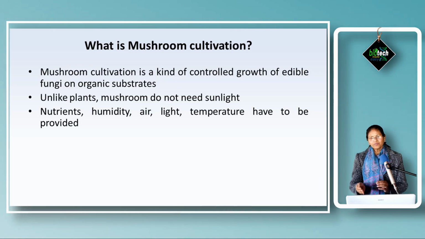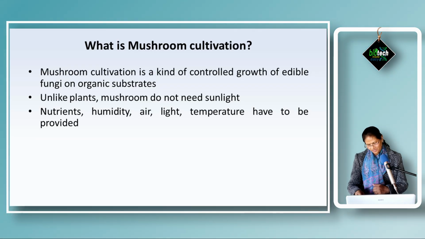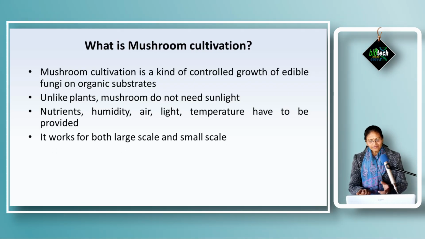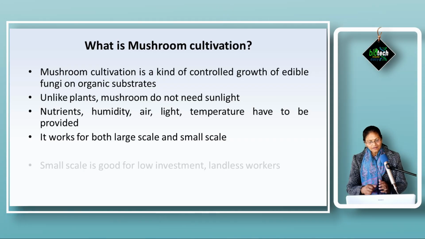Temperature also depends on the variety of the mushroom which you are cultivating. Generally they grow at low temperature, but some species can grow at high temperature also, and it works for both large scale and small scale cultivation.